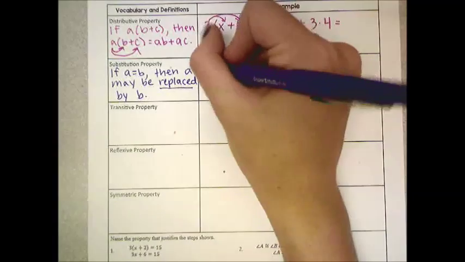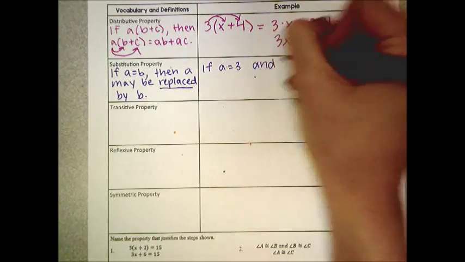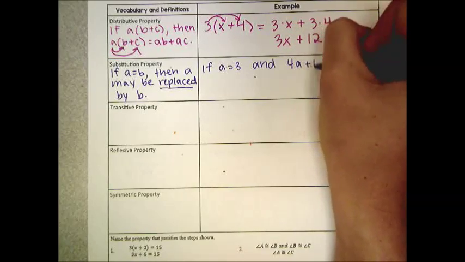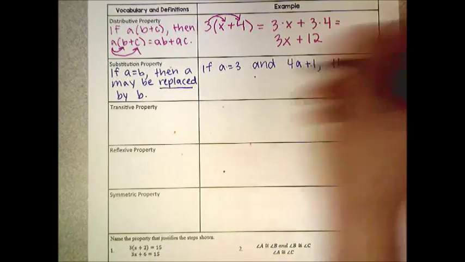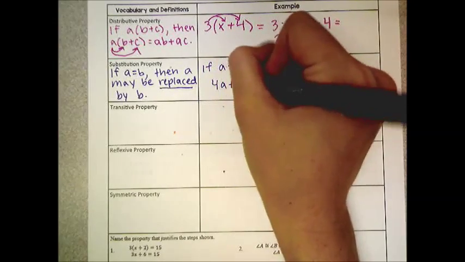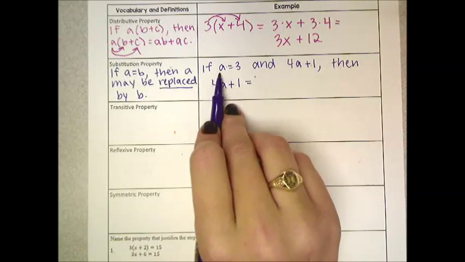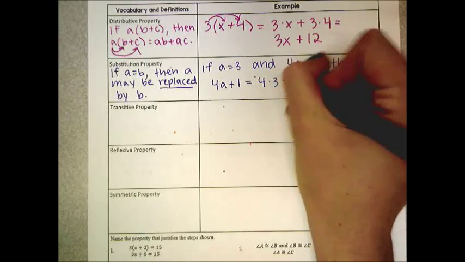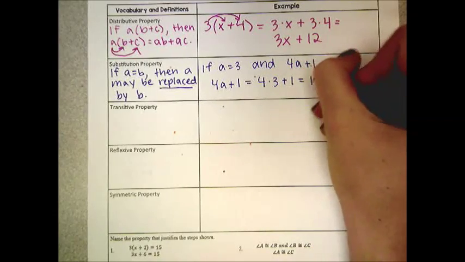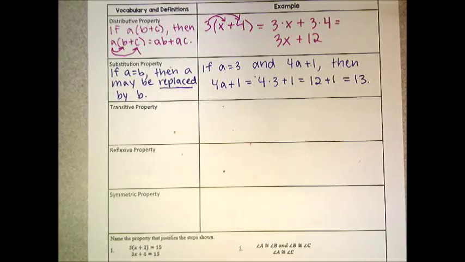So an example, if A equals 3 and 4A plus 1, then 4A plus 1 equals, I can substitute in 3 for A because A equals 3. 4 times 3 plus 1, and I can simplify that to 12 plus 1, which simplifies to 13.